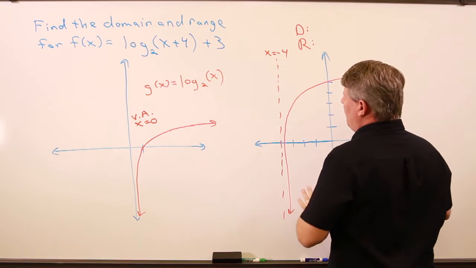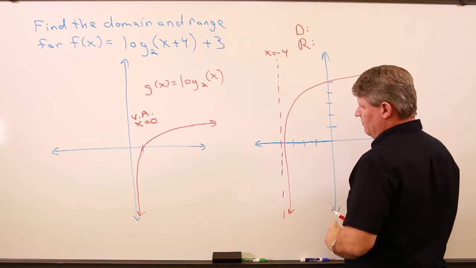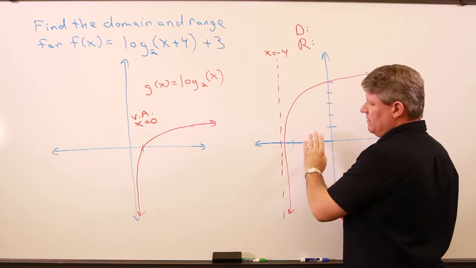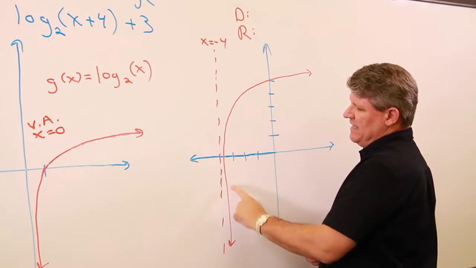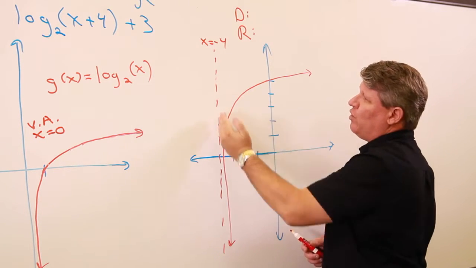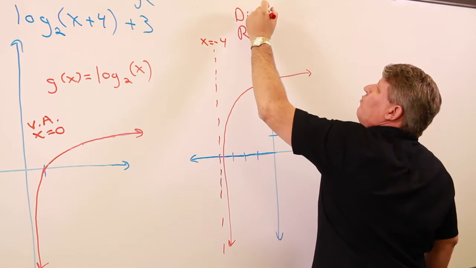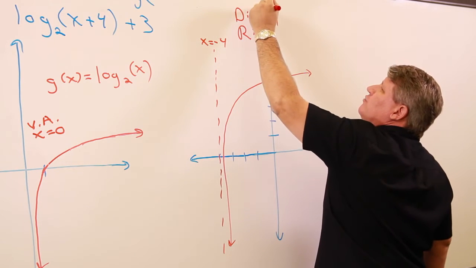Now, how far left does the graph go? What is our leftmost point? Well, the graph doesn't actually have a leftmost point, but it does stop going to the left. It stops just before we get to x equals negative 4. So we're going to say that our domain starts with negative 4 but does not include negative 4.